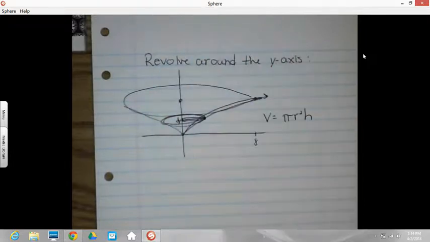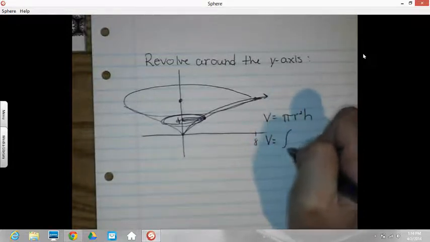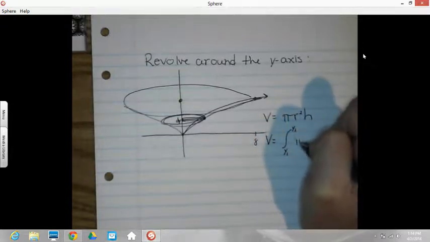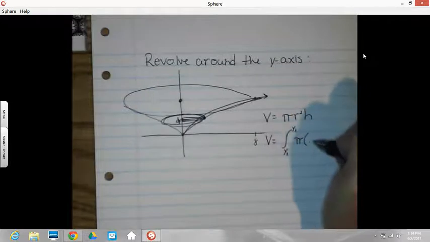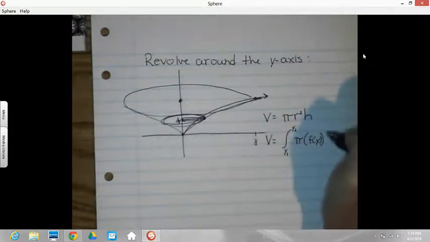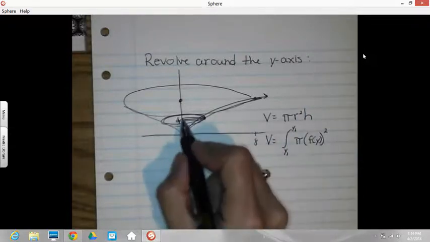So, to set it up for volume, we want y values here. Pi. The function needs to be in terms of y this time. So it's f of y squared. So you want to see y's in here. And then the height of each cylinder is a dy.